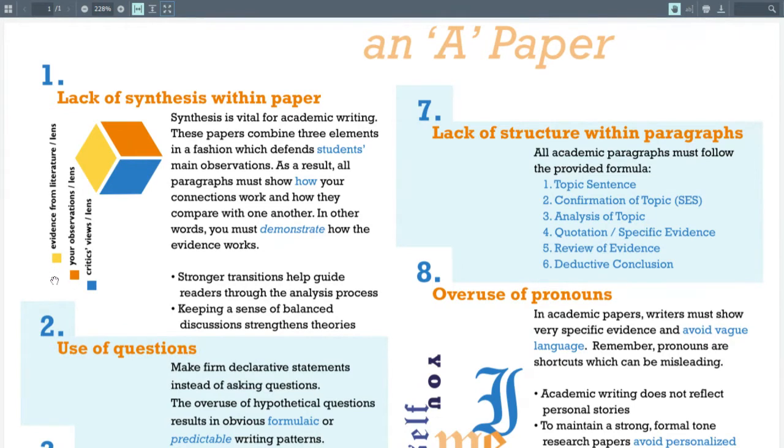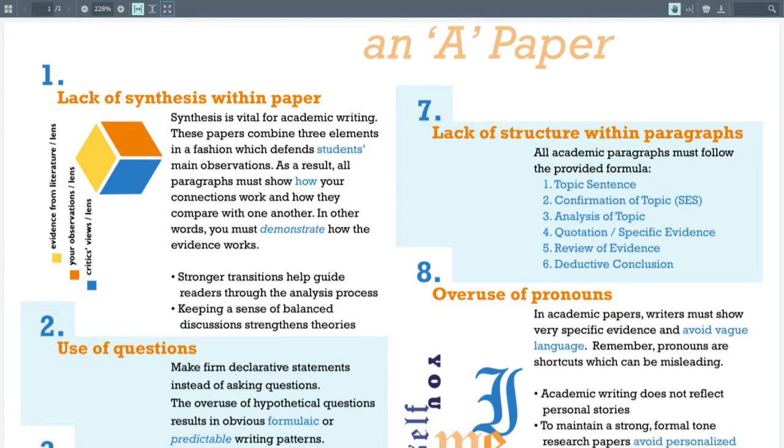Okay, so those are the first 2. The final one is what you research from the critics. So you have the material itself, your observations of the material, and the observations from the critics. You can have opinions about what the critics are saying.